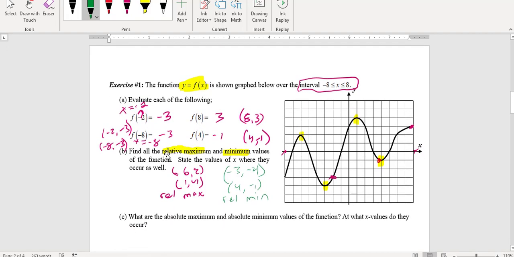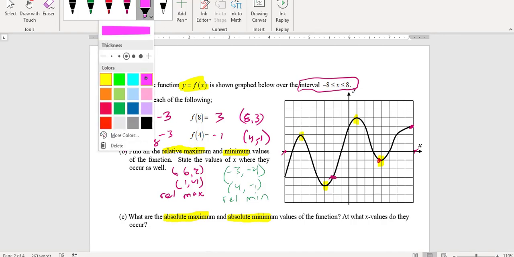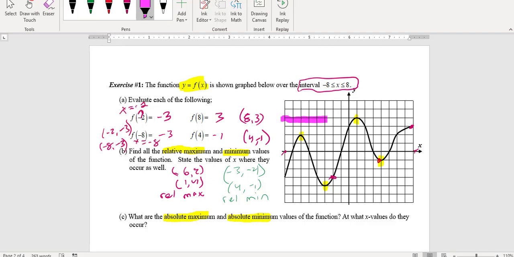Then we get to this next question that asks what is the absolute maximum and absolute minimum values of the function, and at what x values do they occur? Well, what's the highest that this function actually goes, and what's the lowest that this function actually goes? The very, very highest this function goes is right there.